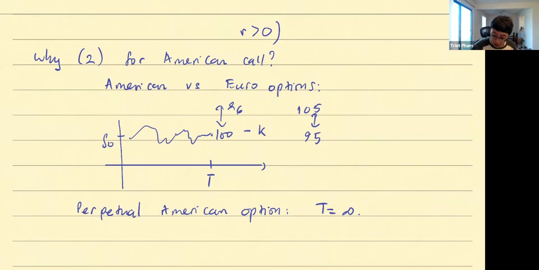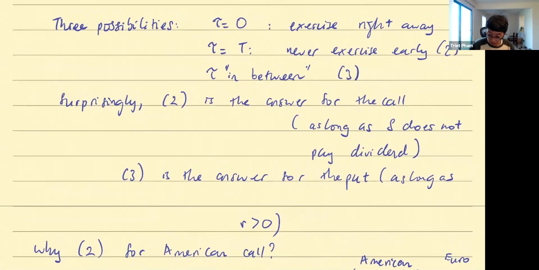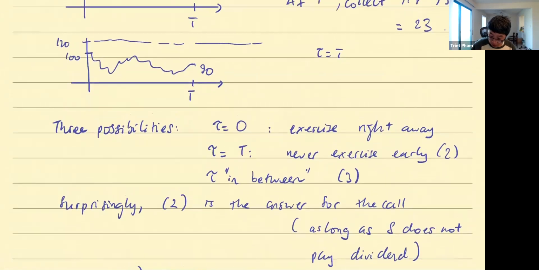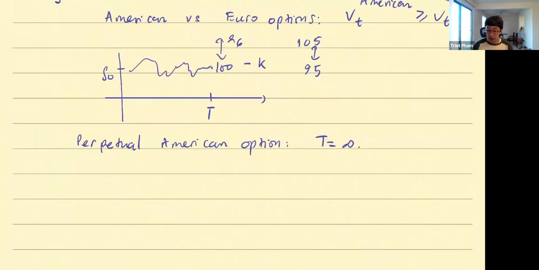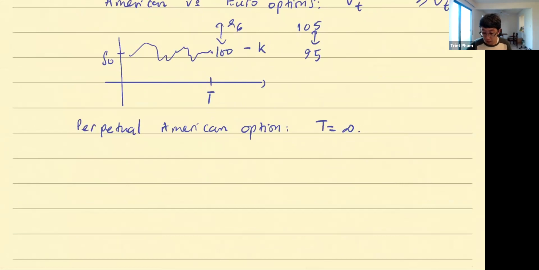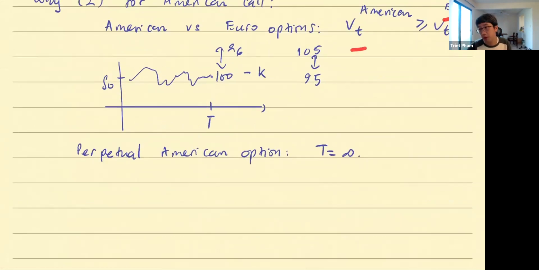I hope it is clear to everyone that the American is always no worse than its Euro cousin, because you can always forget that you have an American option, and then the convention that we always exercise at time big T says that at least you always exercise at the end. And so the American turns into a European option.